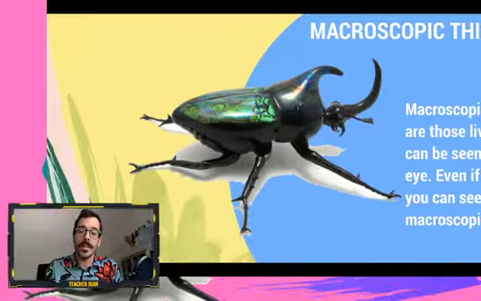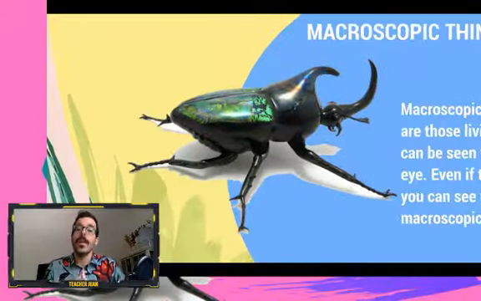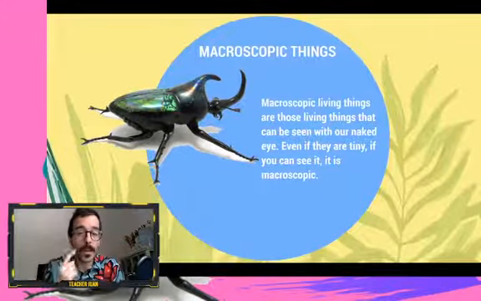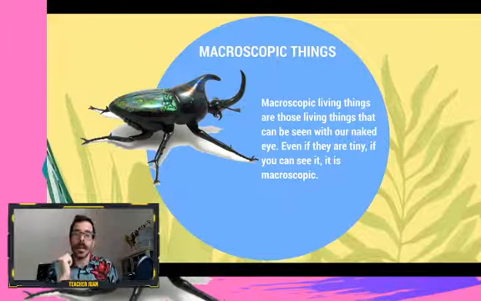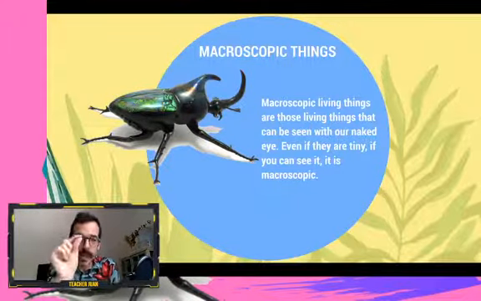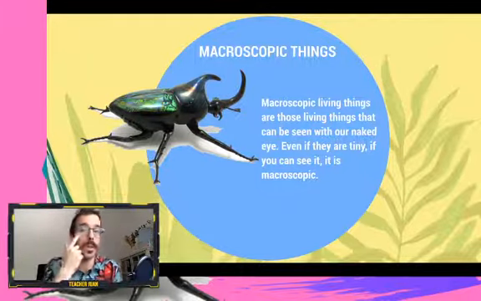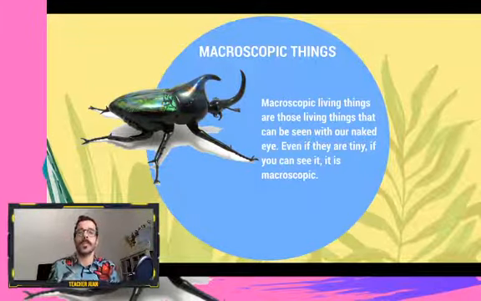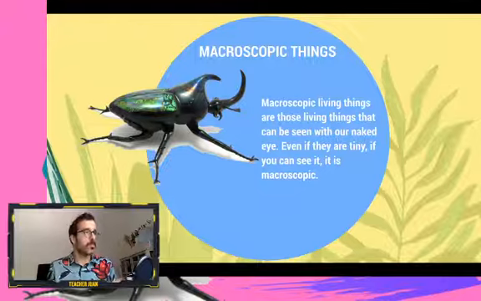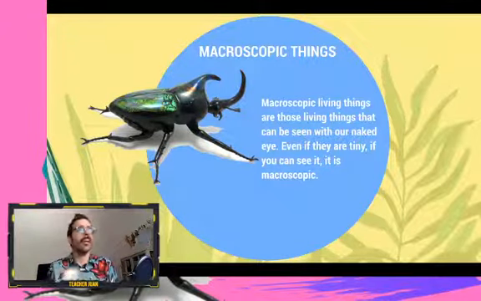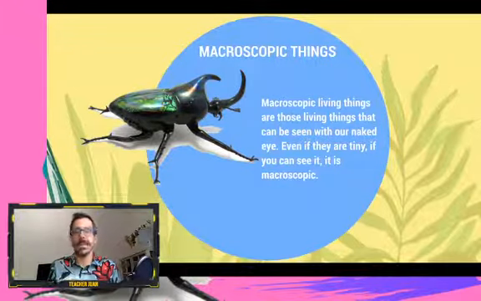Macroscopic living things are those that can be seen with our naked eye, okay? Even if they are tiny, very small, if you can see it with your naked eye, it's macroscopic. I think it's quite clear. A lion, macroscopic. A zebra, macroscopic.